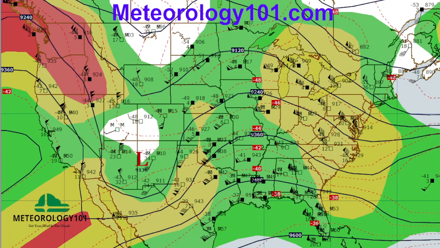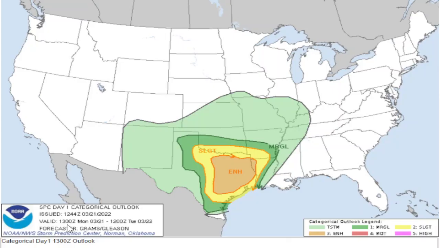Alright, so let's look at the SPC real quick. This is going to be valid 13Z today to 12Z tomorrow, Tuesday. So you're looking at Eastern Texas. You got an enhanced area of severe weather.